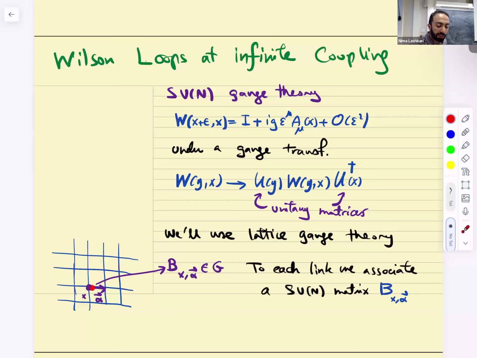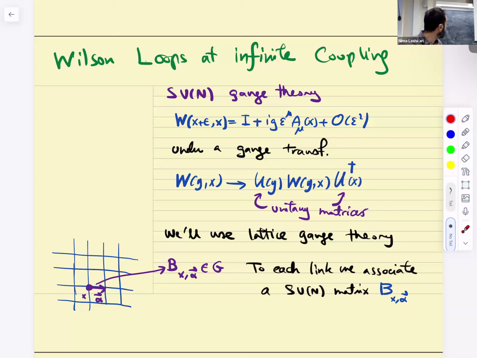Let's put a degree of freedom that is a unitary matrix at each point. You're going to have these Wilson lines that connect them, a function of y and x. They go from x to y. Under gauge transformation, they transform like u of y, u dagger of x.